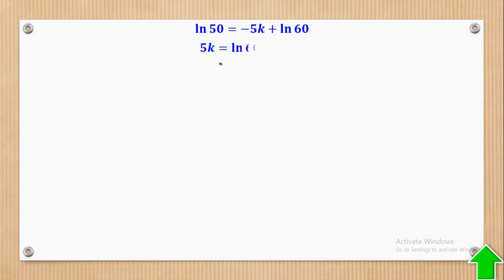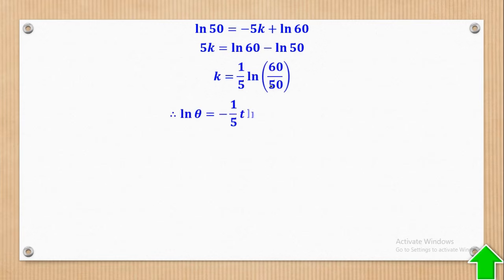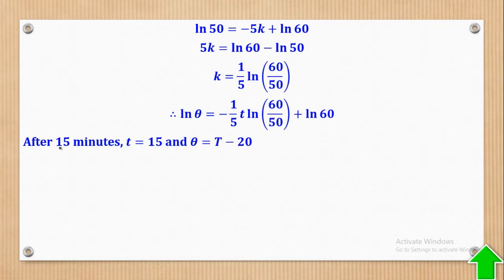So simplifying will give me that, and the value of k will be equal to 1 over 5 ln 60 over 50. Then I'll substitute for k to come up with that equation. Then next is to answer the question which was asked. After 15 minutes they wanted the temperature, so let the temperature be T, therefore the difference in the temperature will be T minus 20.